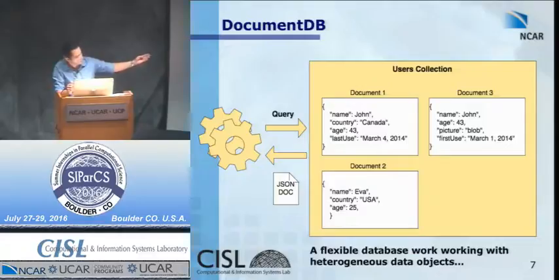The first document has a name, a country, an age, and last use. The second one doesn't have last use. The third one has a name, doesn't have country, and has first use instead of last use. It also has a picture that all the others don't have. So you can see that they are somewhat different, and they could actually be pretty different.